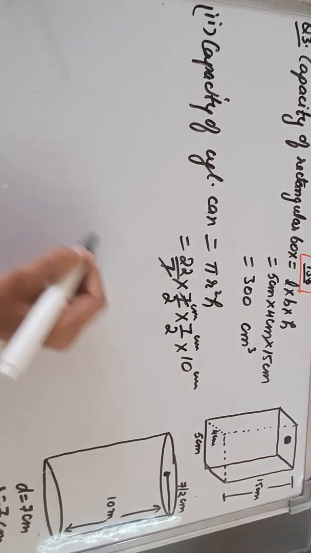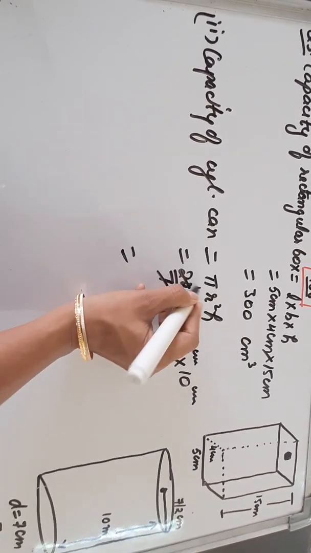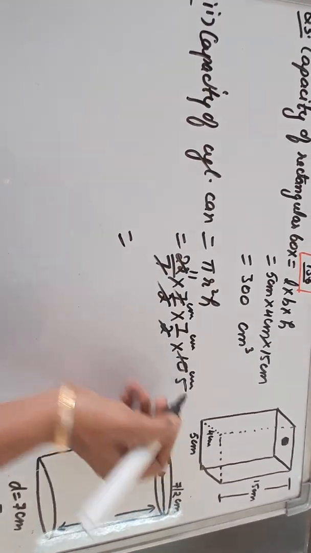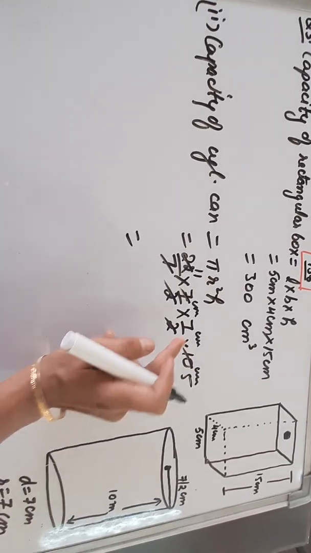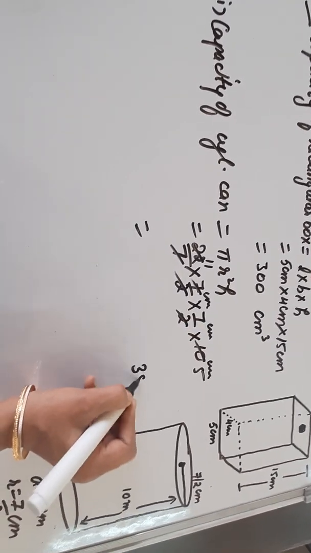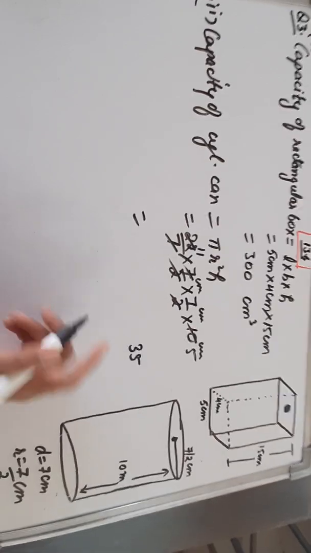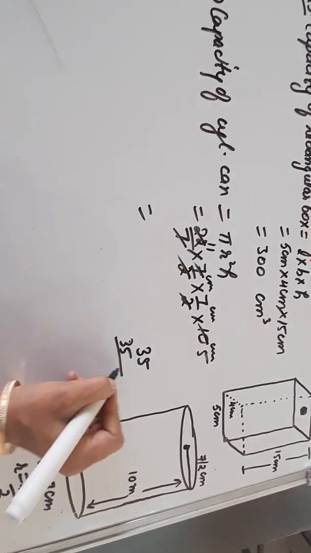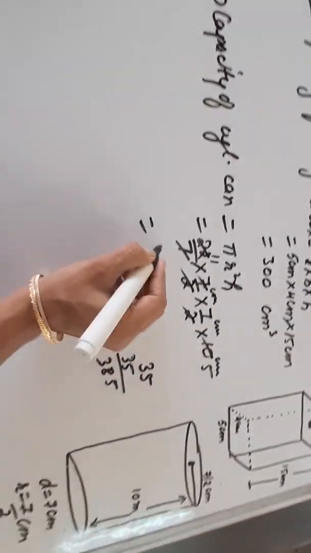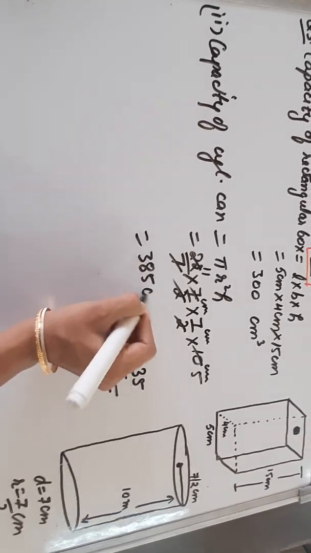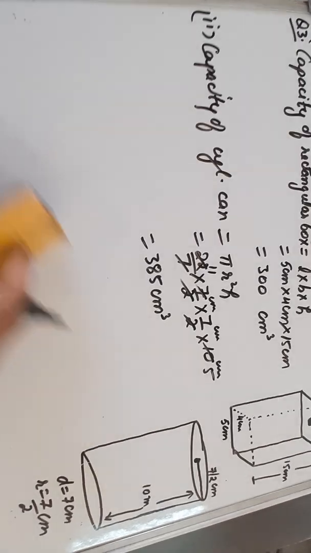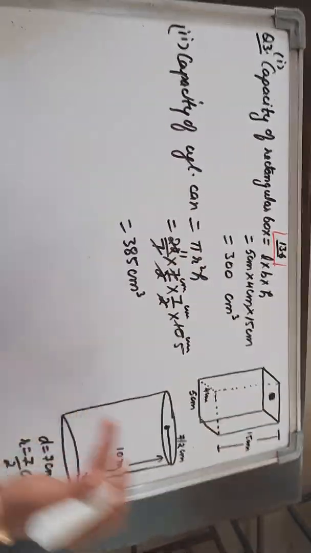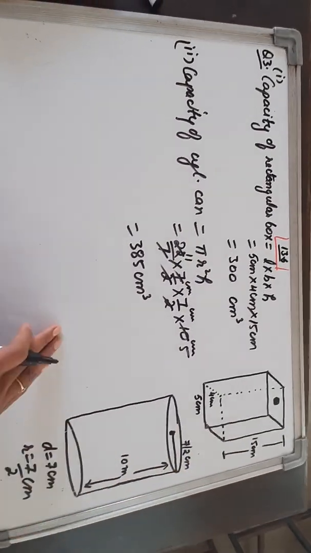So from here we can get the values. This is 11 and this is 5. So by multiplying it, 7 5s are 35, and 35 is multiplied by 11. So the value will be 385 cubic centimeter. So dear students, from here you can judge which type of can is having the greater capacity.